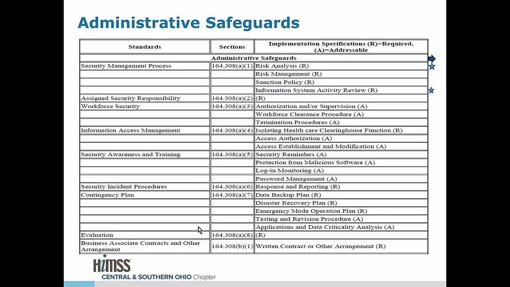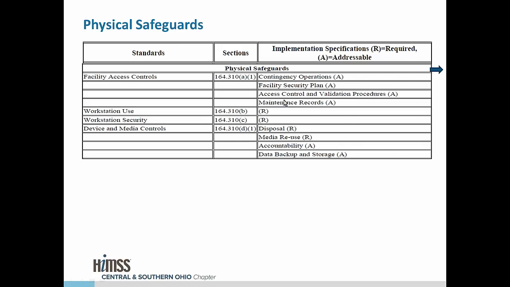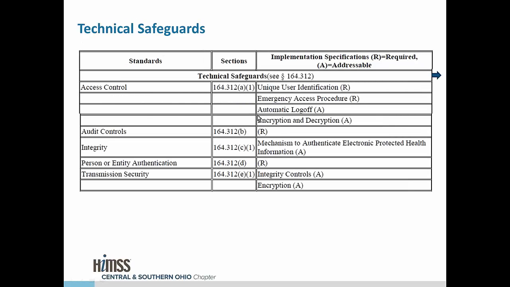But it's really, right here you can see we got quite a few that fall under administrative, and then the physical drop down, and then technical about the same thing. Encryption is the real big one now. Again, if you have encryption, you are heading in the right direction to not have a breach.